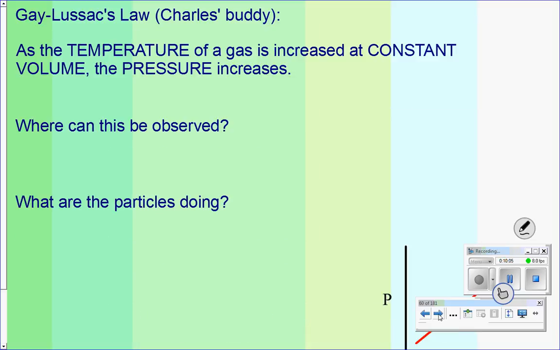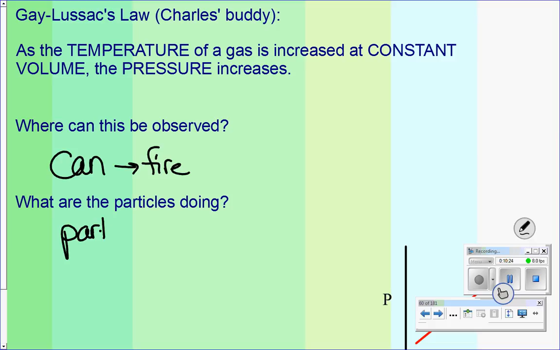So as the temperature in a sample of gas is increased at constant volume, pressure increases. A great example of this is the old aerosol can on fire. Everybody loves to talk about that. Don't try that at home, but you may have been lucky enough to see that.